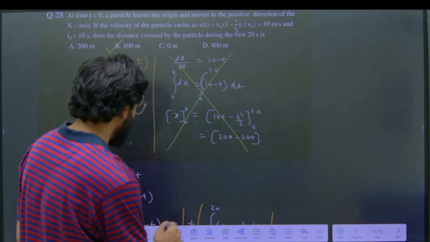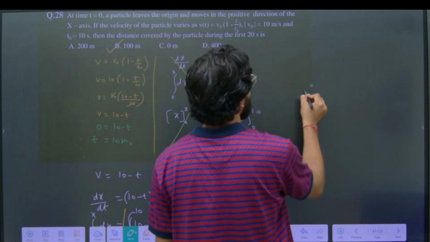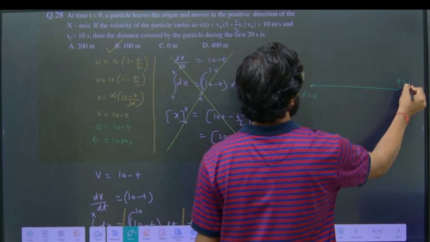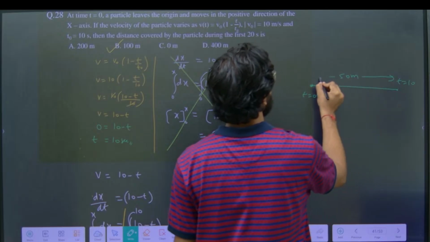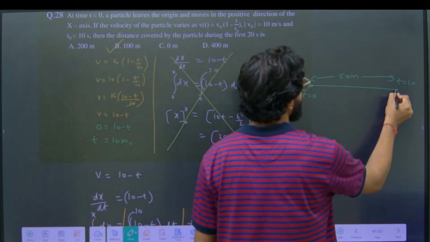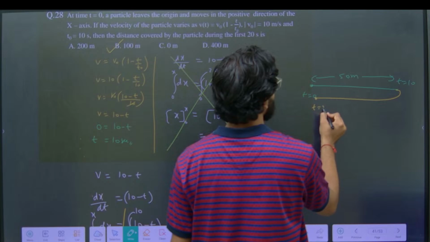Why are we doing the mod? Let's learn it. Because from t equals 0 you are reaching here at t equals 10, and we have seen that it is 50 meters, and then you are taking a U-turn and coming back here at t equals 20 seconds.